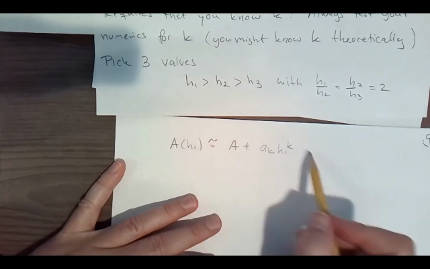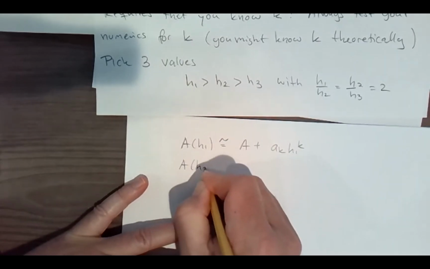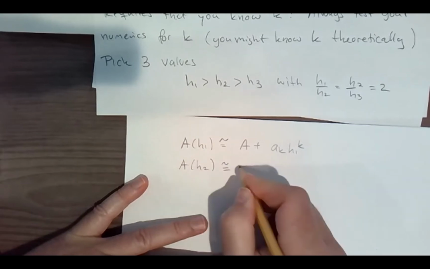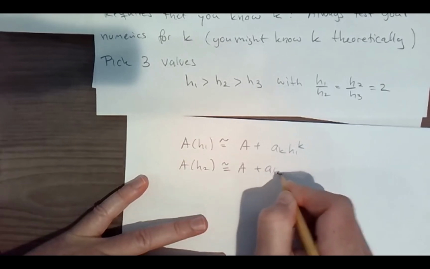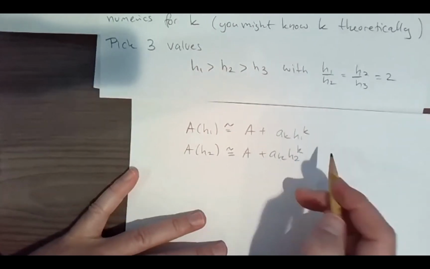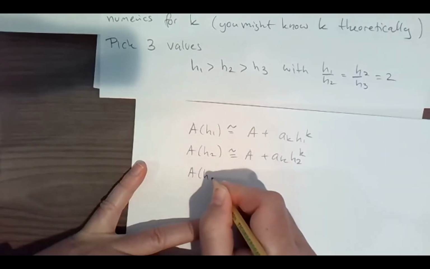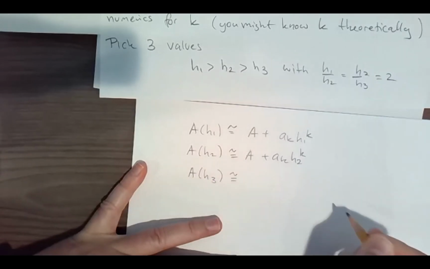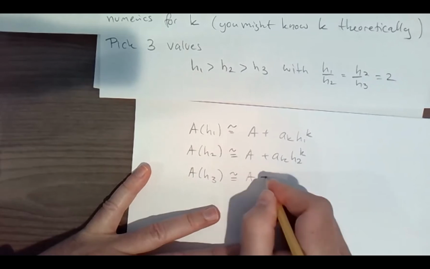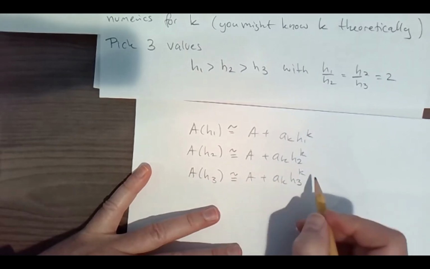I'll put approximation here instead of writing these error terms out again. This is just a little bit easier for now. So this is roughly the same thing as a plus ak h2 to the power k. Like k is the unknown we're trying to get our hands on, and then you have h3. This is a plus ak h3 to the power k.